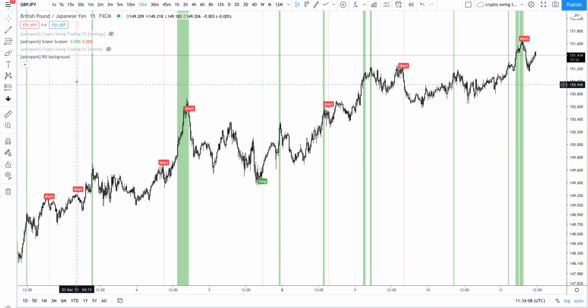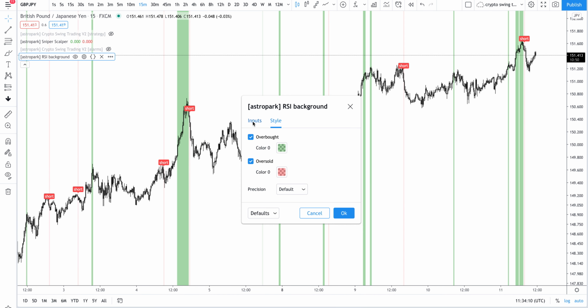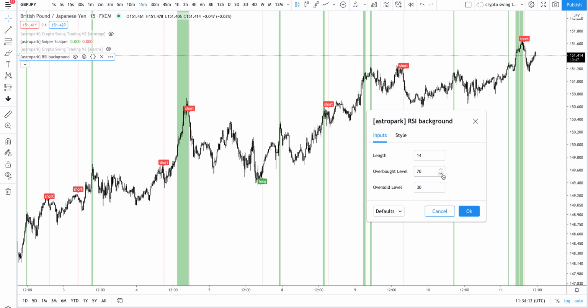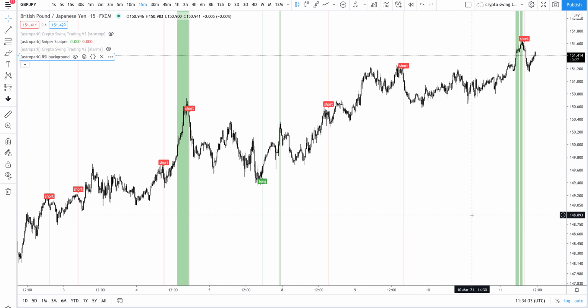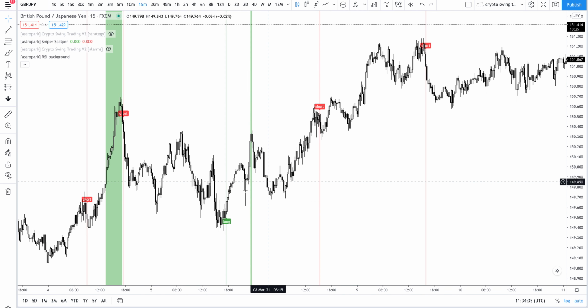Okay, what does this indicator do? It highlights with a background color if you are in an overbought or oversold zone, basically based only on RSI. So let's suppose you want to filter a little more. For example, if you had this long here, where would you take profit? Of course here.